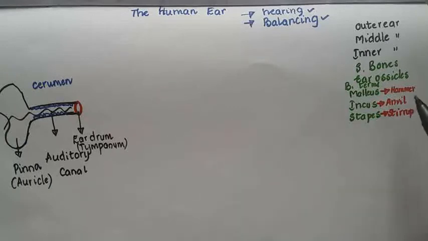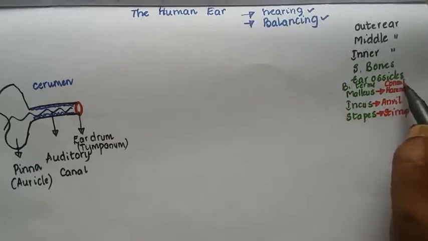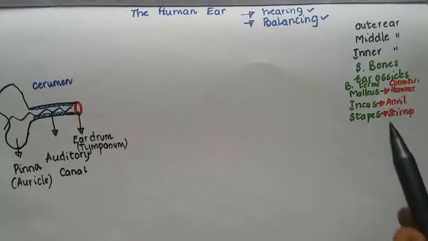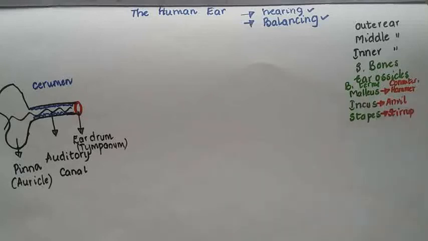What I have written using a red sketch is the common terms. But in case they ask you a question in the objective type based on the ear ossicles, you should always write the scientific terms but not the common terms. Now let us learn about these three ear ossicles.